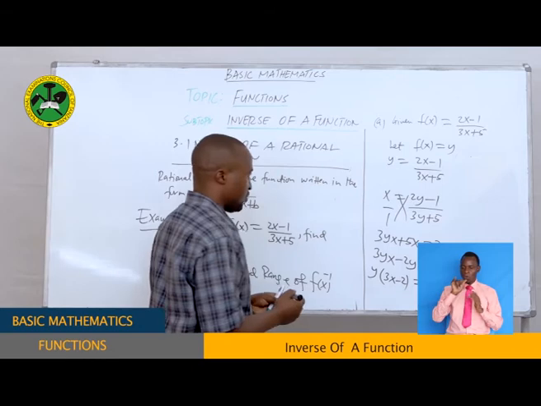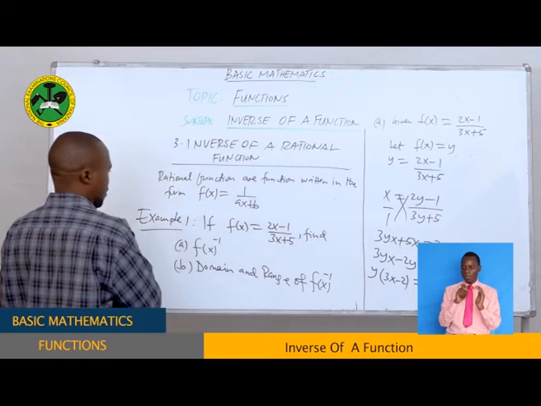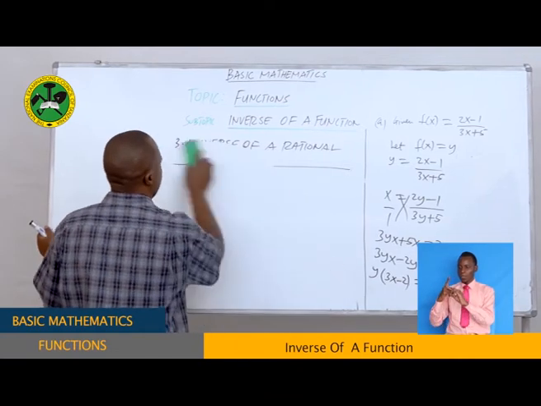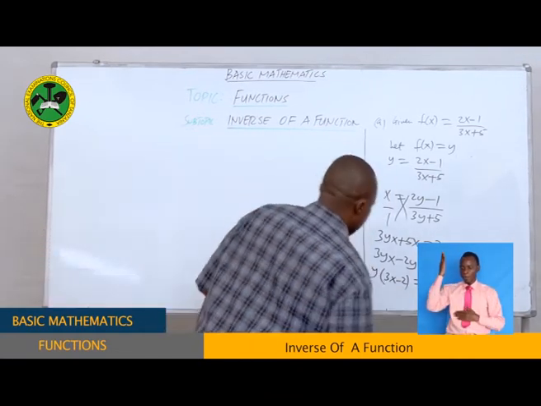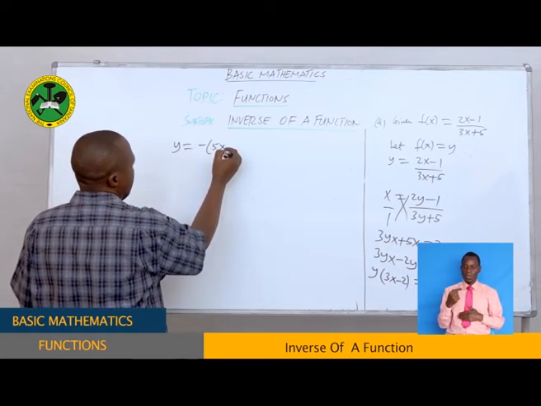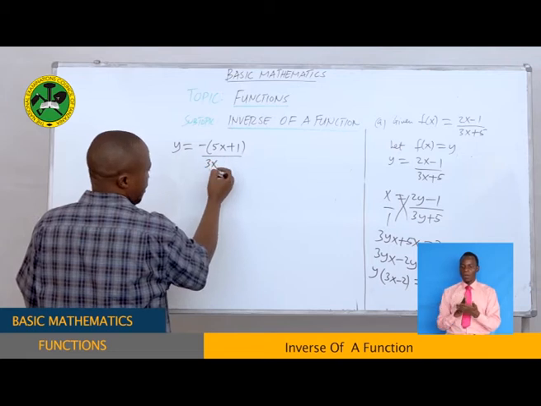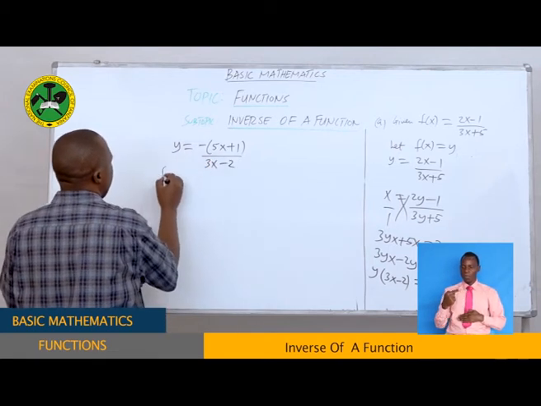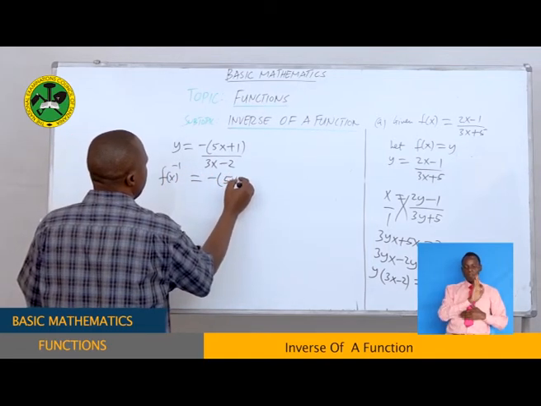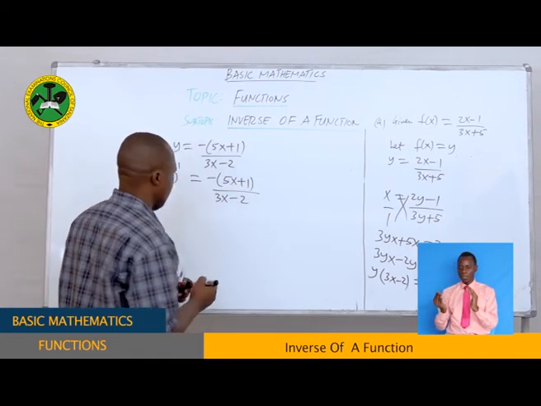So in this case, y is equal to negative 5x plus 1 over 3x minus 2. Therefore, f of x inverse is equal to negative 5x plus 1 over 3x minus 2.